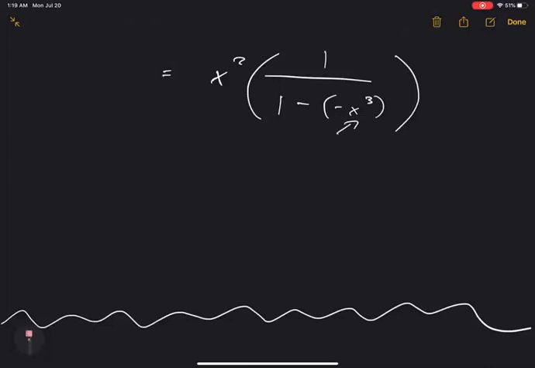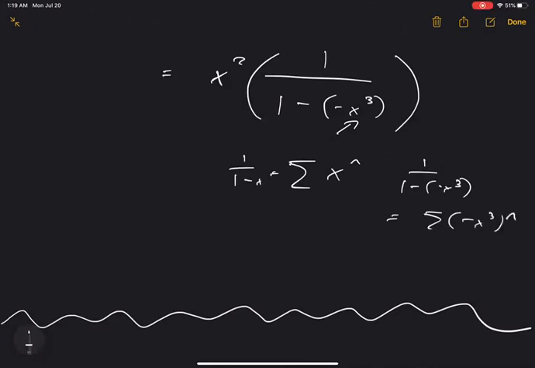So I expect the power series, remember, 1 over 1 minus x gives me x to the power n, right? So 1 over 1 minus negative x cubed should give me negative x cubed to the n. Hope you can see that.